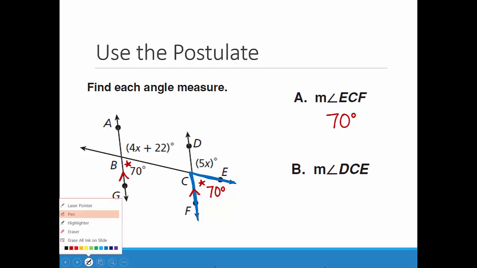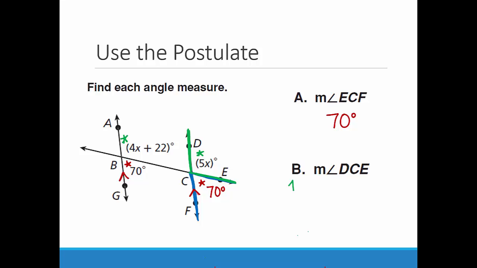Now the next one they want us to find is DCE. We can do a couple of things with this. We're going to use the corresponding angles theorem, which I know is more work than something else. This angle here has to be exactly the same as that angle there.